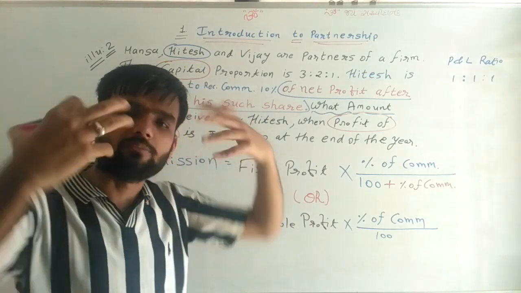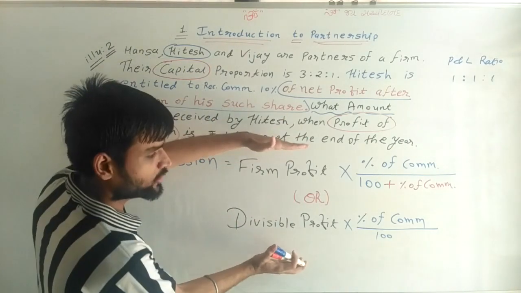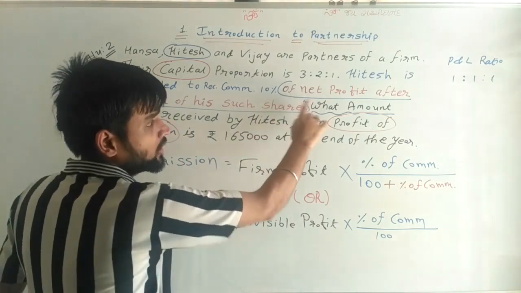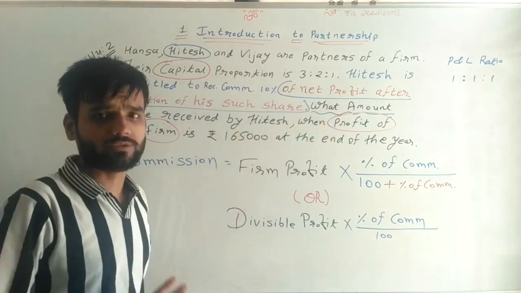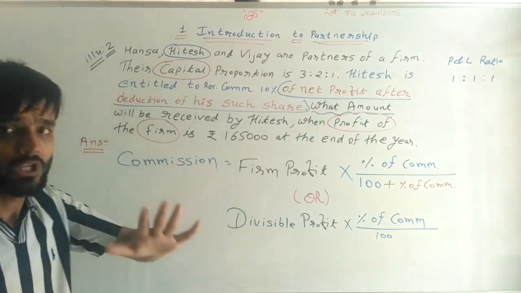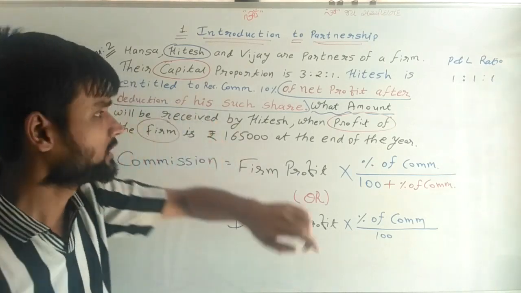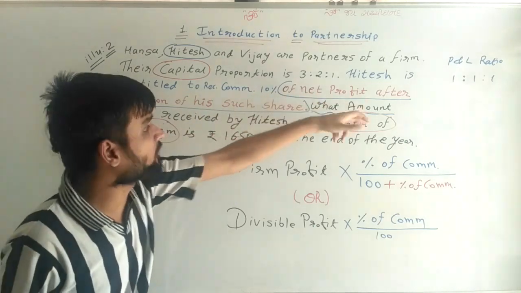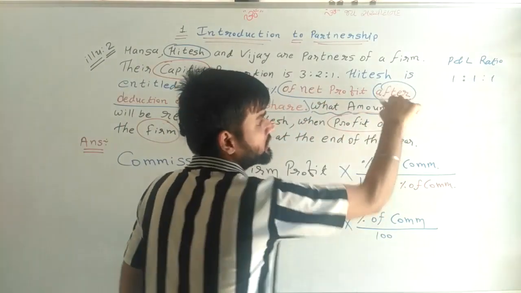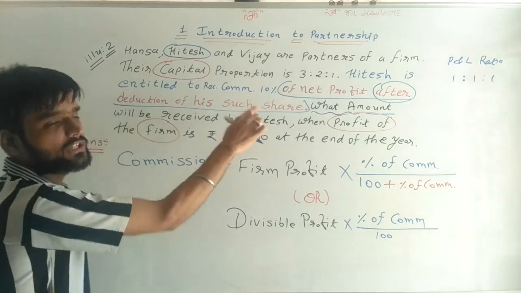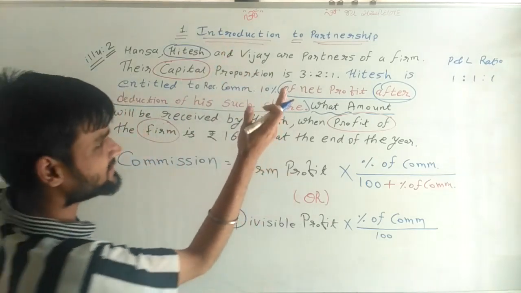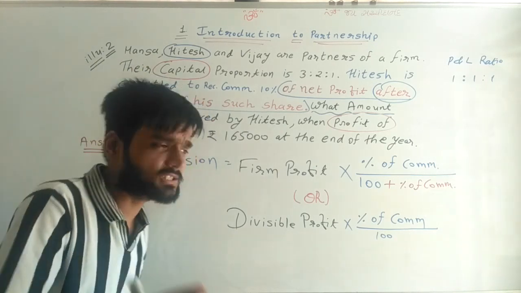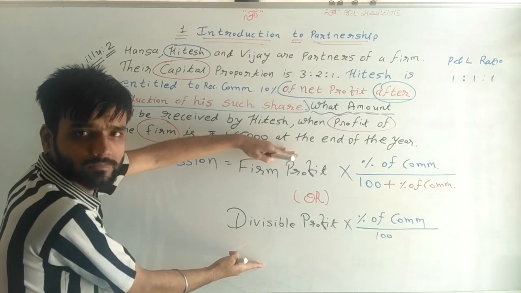Now how do we calculate commission? That formula is given to you here. Now we are understanding the formula and concept of net profit after deduction of such commission. Whenever the question gives commission as 10% of net profit after deduction of his such share, the calculation is done by these two methods.